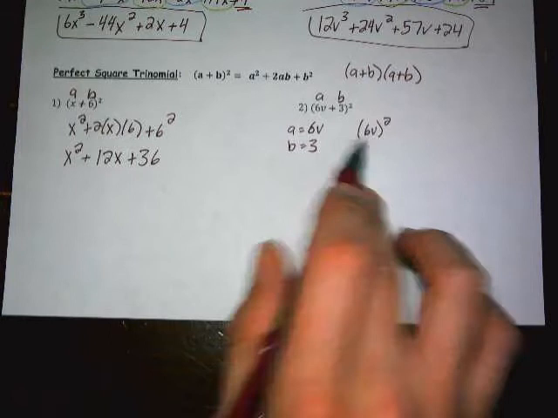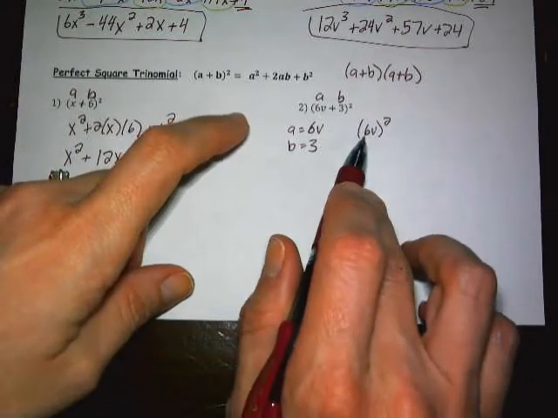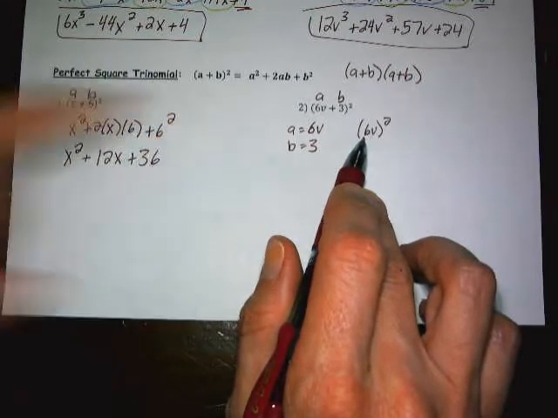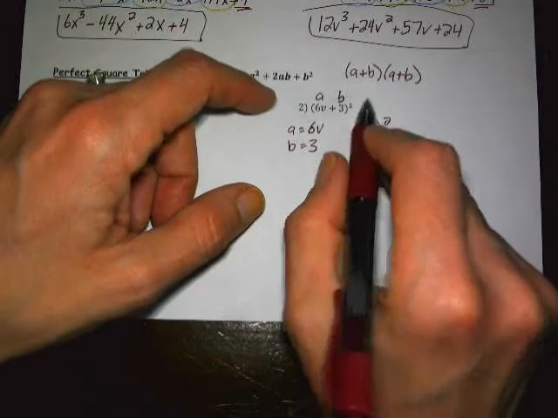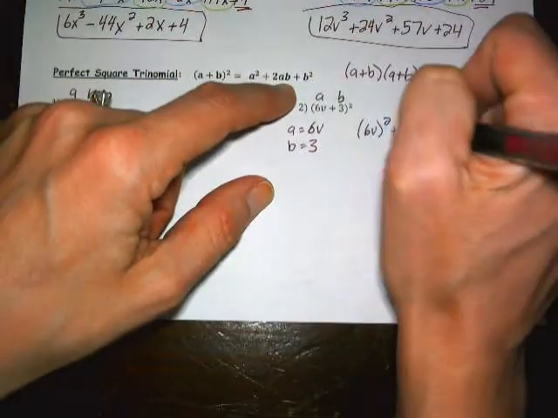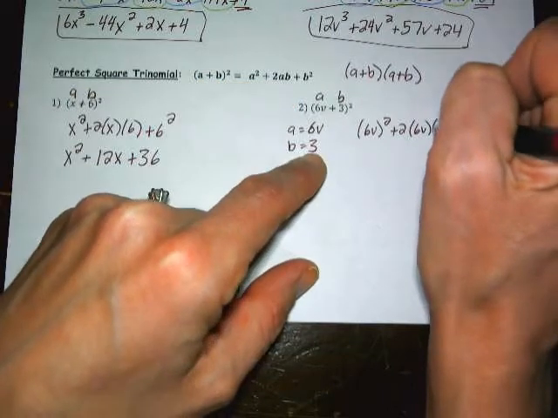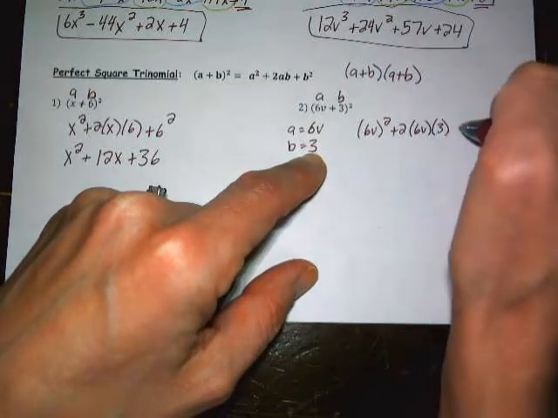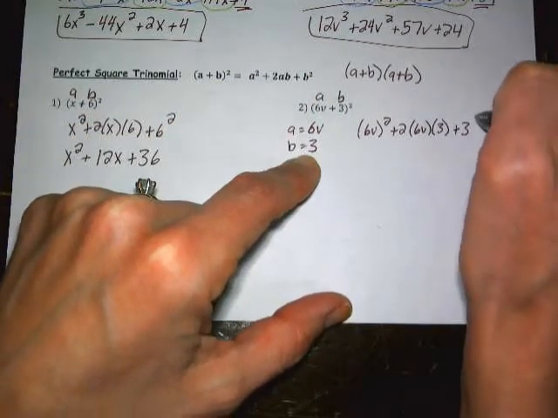The a term is 6v. If you don't square that 6, it's going to be wrong. So you have to make sure that you're watching your parentheses. Plus 2 times a, which is 6v, times b, which is 3, plus b squared, which is 3 squared.